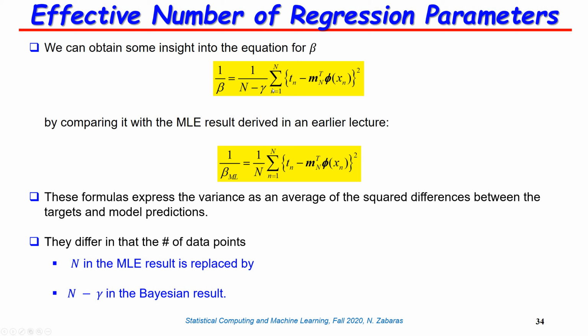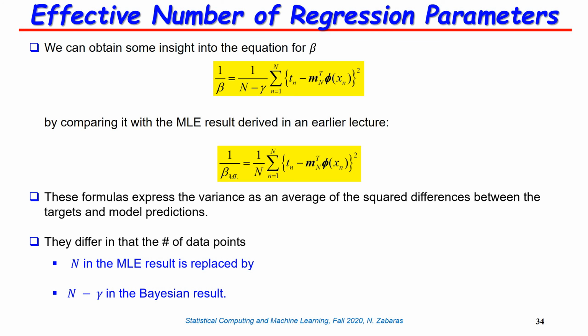So 1 degree of freedom is taken to define the mean. In our case, gamma degrees of freedom are taken to define the gamma effective parameters in our model. The rest of the parameters are set to 0. So effectively, the Bayesian formulation automatically accounts for the biased nature of the MLE and corrects for it.